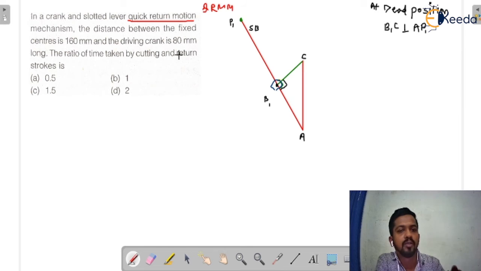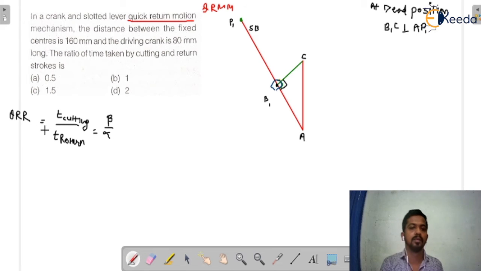Now you have to find the ratio of time taken by cutting and the return. What is the ratio of cutting time to return time? This is basically the QRR. We know that it is equal to beta upon alpha, also known as the quick return ratio.